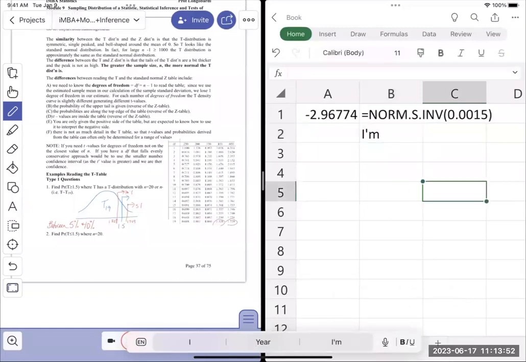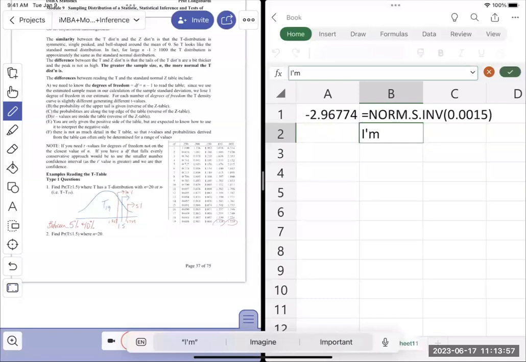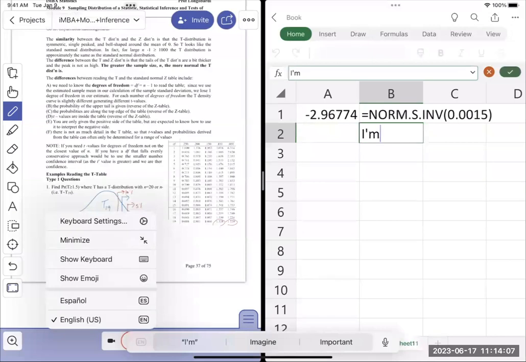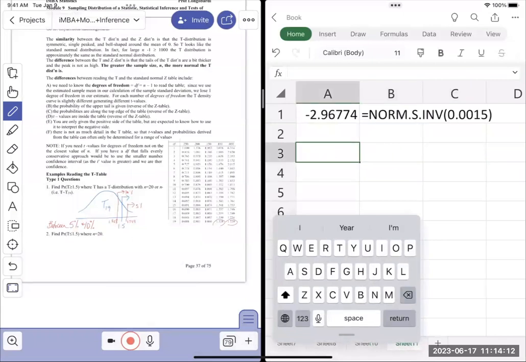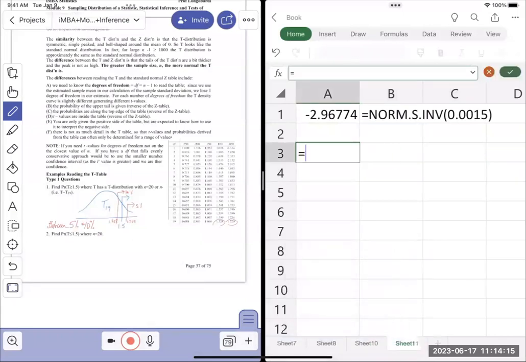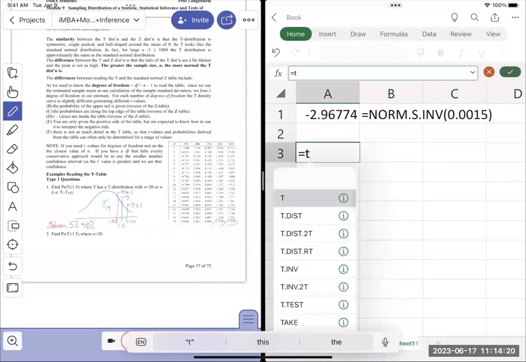And what I want to do, so let's say I want to use a t distribution. So in Excel, t distribution. Now, which one should I use? Which function? Which formula?